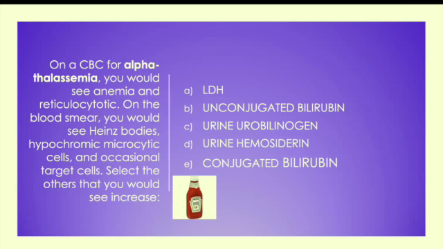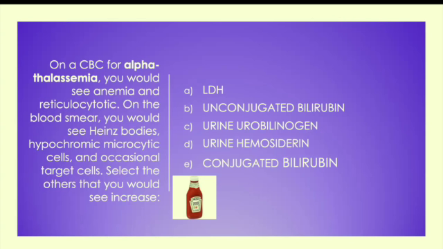And then urine hemosiderin. Hemosiderin is a complex of iron, so we've got to remember that word, and it's part of iron. So the protein that is released during the breakdown of red blood cells in alpha thalassemia, there may be increased breakdown of red blood cells leading to the presence of hemosiderin in the urine. And then we have the conjugated bilirubin.